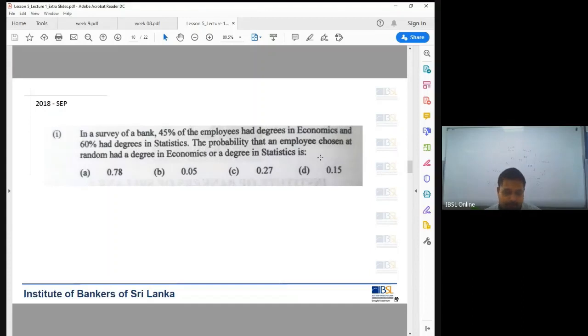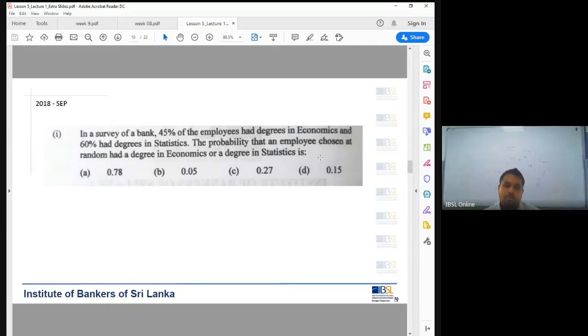That means 55% of the employees must not have a degree in economics. And 60% had degrees in statistics, so 40% must not have stat degrees. The probability that an employee chosen at random had a degree in economics or a degree in statistics is.